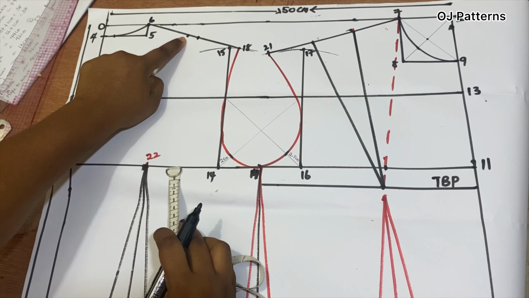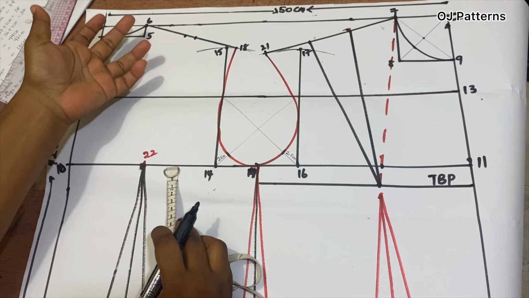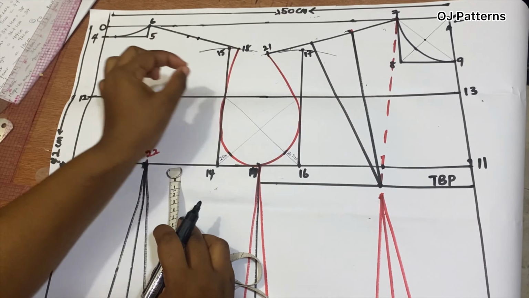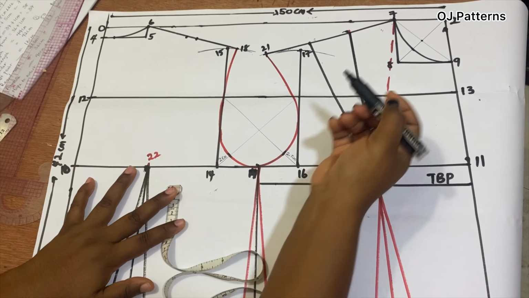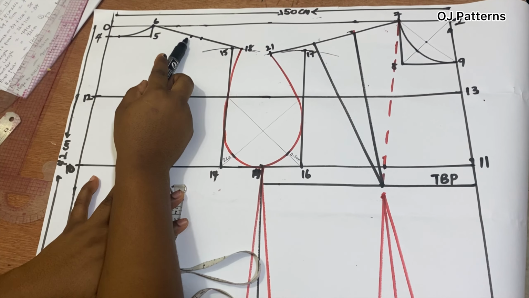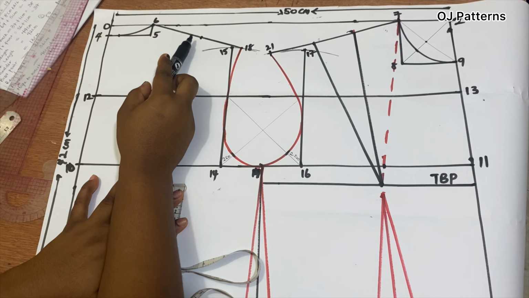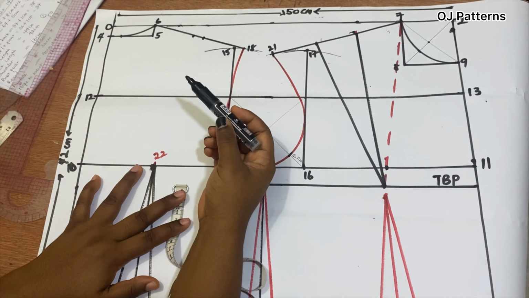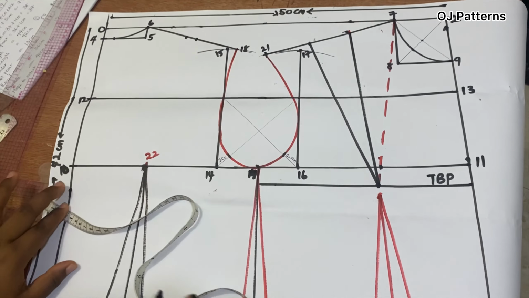So this is the 6.5, this is 1.5. Now the reason why we have to measure the same 6.5 is so that at the end of the day, both back and front shoulder darts will align. So remember from 7 we did 6.5. Now from 6 you measure the same 6.5 before you measure the dart width. Now our dart width here is 1.5, and the front dart width is 6 cm. So that's how it is.